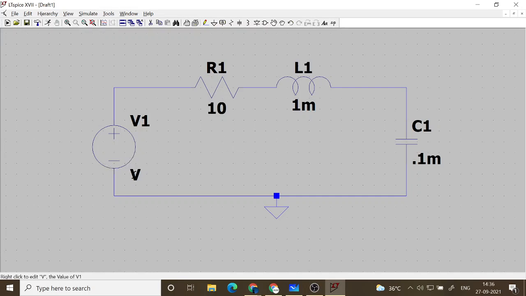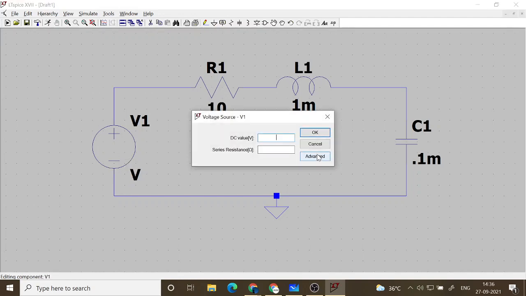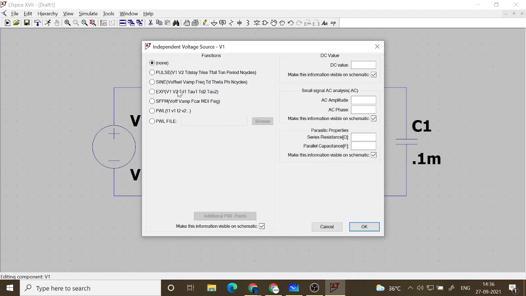Now I need to give this. I will go to the advanced and take the pulse waveform. I have to give an initial value, which is 0. Final value, maybe I'll give 1 volt, and then delay I don't want, so I will keep it 0. Then rise time I can give, say, 1 nanosecond, to make it very fast, going from 0 to 1.